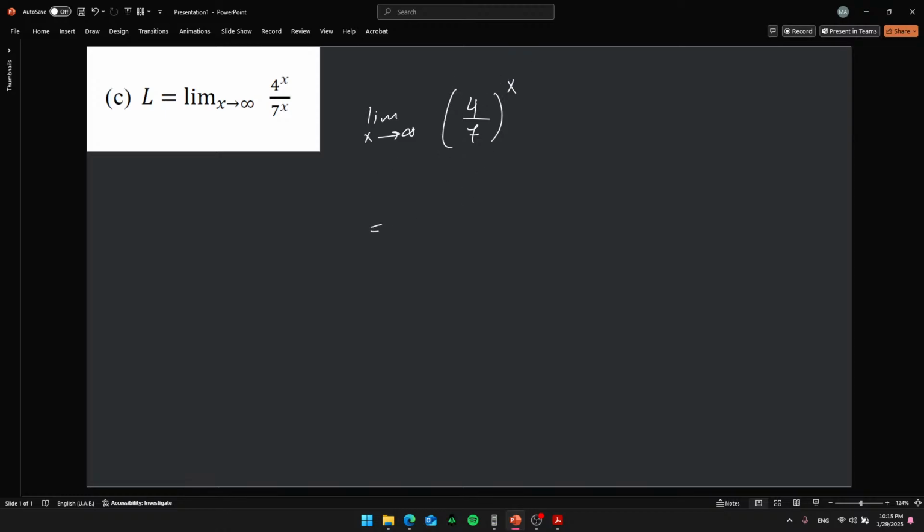Now substitute infinity into this. So 4 over 7 to infinity.